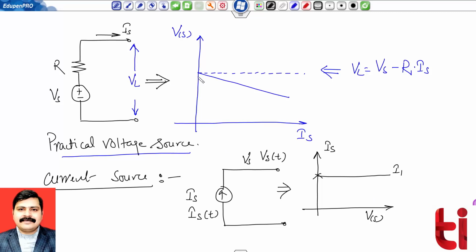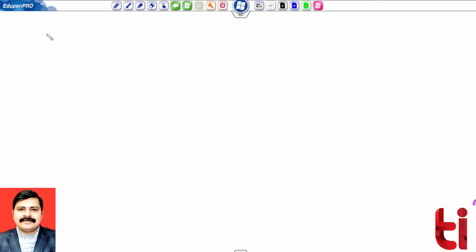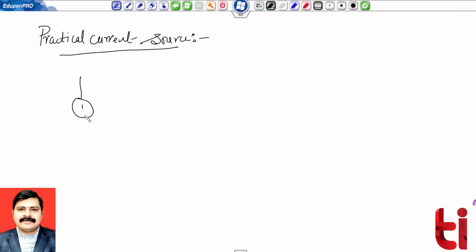And next, the practical current source. It has a current source and a parallel resistance. Likewise, the practical voltage source has a series resistance, whereas the practical current source has a parallel resistance.